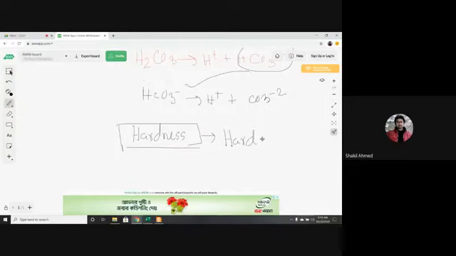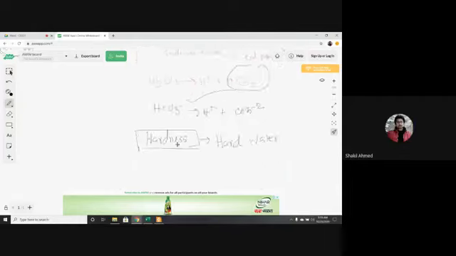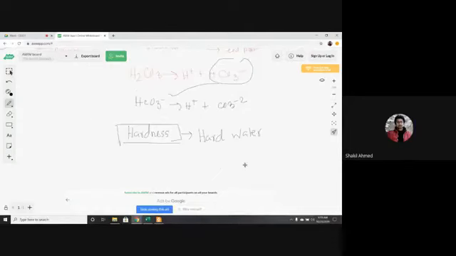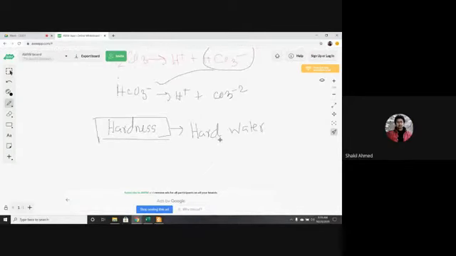Hard water. The reason is because these types of water are difficult to wash with. For example, if you use this water to wash your clothes, it is difficult to wash them.